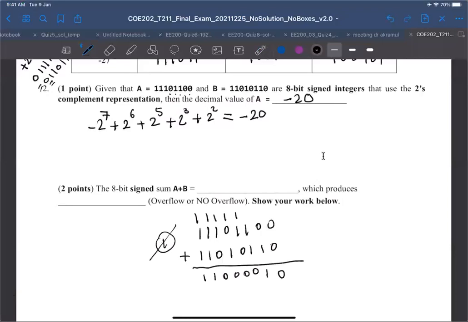Since the last two carries are the same, there is no overflow. So A plus B is 1 1 0 0 0 0 1 0, and it produces no overflow since the two carries are the same.